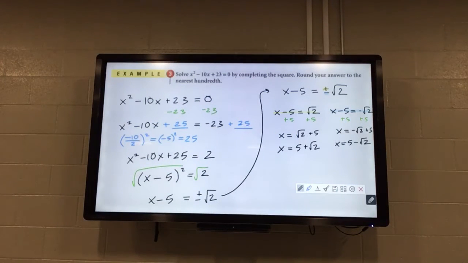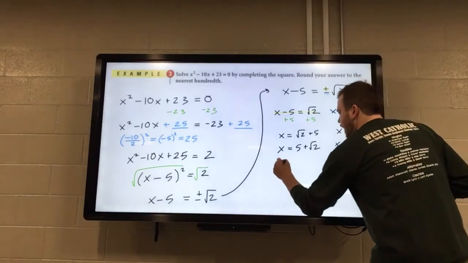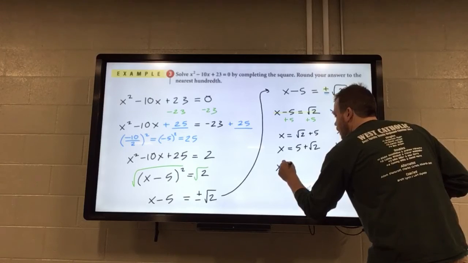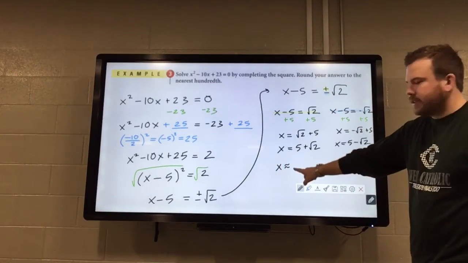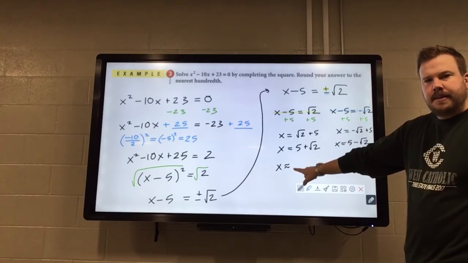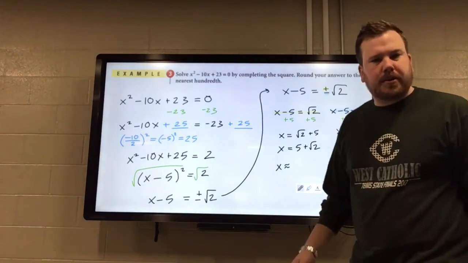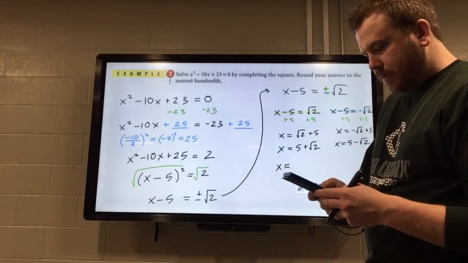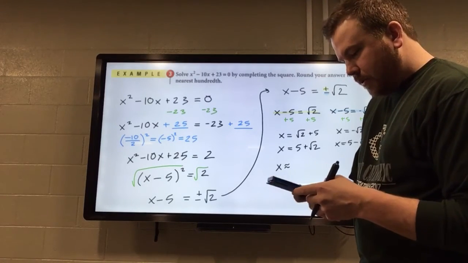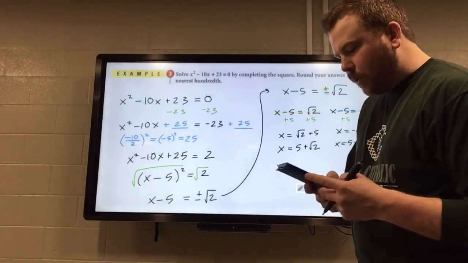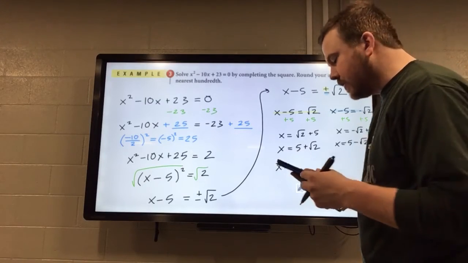So, I grab my calculator, conveniently across the room. And I can punch in 5 plus the square root of 2. Notice I'm using the squiggly equal sign, we'll call it. So I just punch in my calculator, 5 plus the square root of 2, and it gives me 6.414213562.